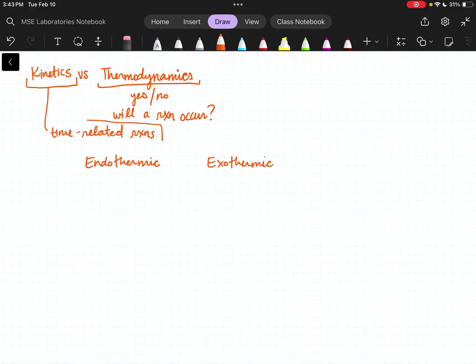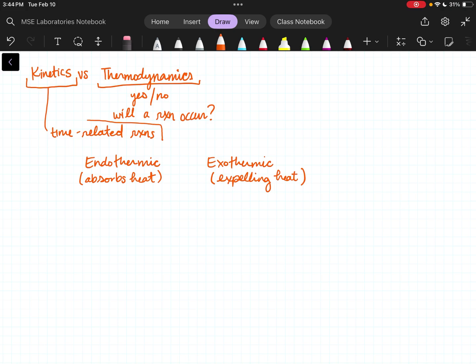Quick overview of endothermic versus exothermic. Do you know? Endothermic is heat is a reactant, exothermic is heat is a product. Yes. Endothermic, another way to say it is the sample is absorbing heat, or the reaction is absorbing heat. Exothermic would be expelling, producing heat.